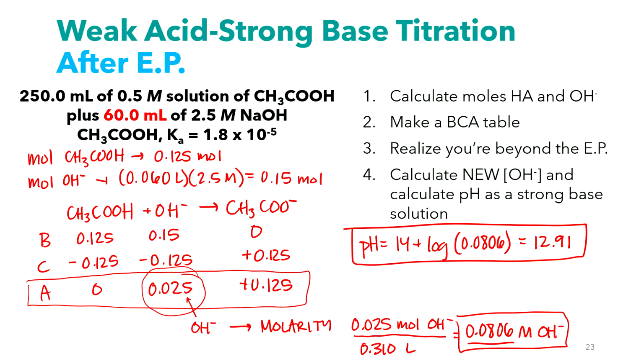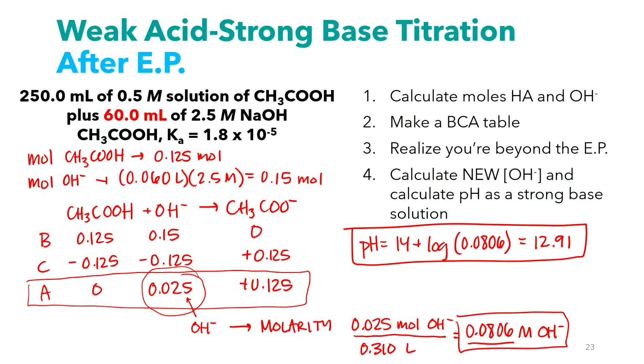Okay, so those are our 4 different regions on a weak acid, strong base titration curve. All right. Let's see. Questions on that before we move on? Okay.